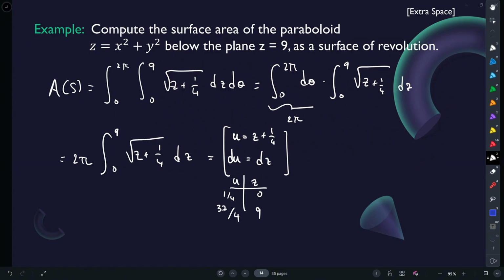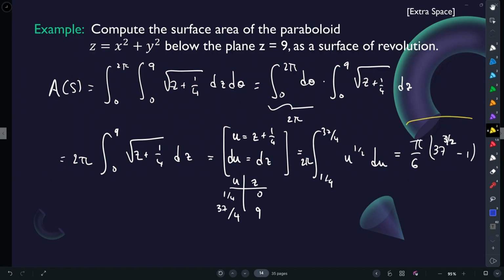So with this change of variables, what I get is the integral from a fourth to 37 over 4 of u to the half du, which is, I had a 2 pi that I should not forget. And again, that is the same value that we had before. Pi over 6, 37 to the 3 halves minus 1. So that's the solution. And it's the same you got from the other method.